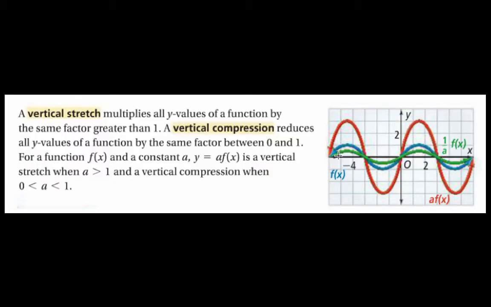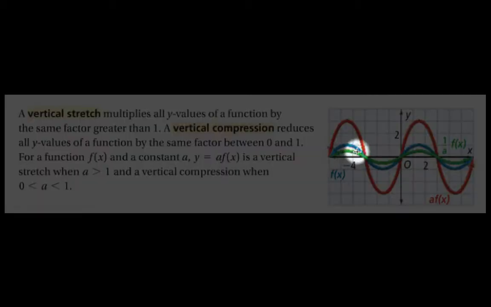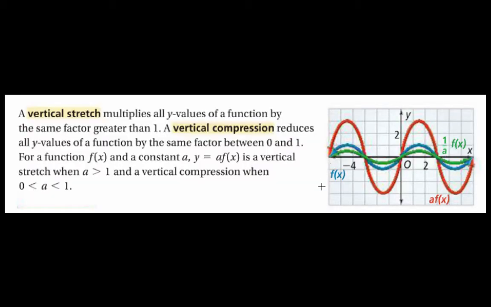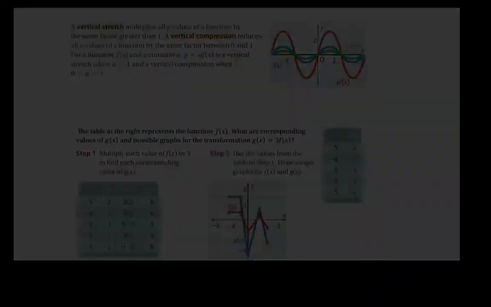On the green graph, when we multiply f(x) by 1 over a, some fraction less than 1, we get a shorter graph, if you will. It's compressed, right? So that's what it looks like, a stretch versus a compression.